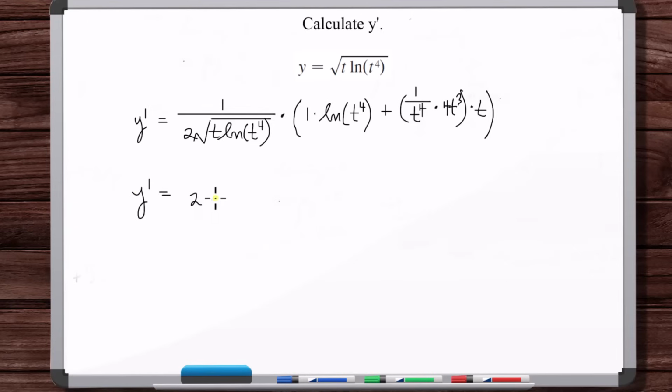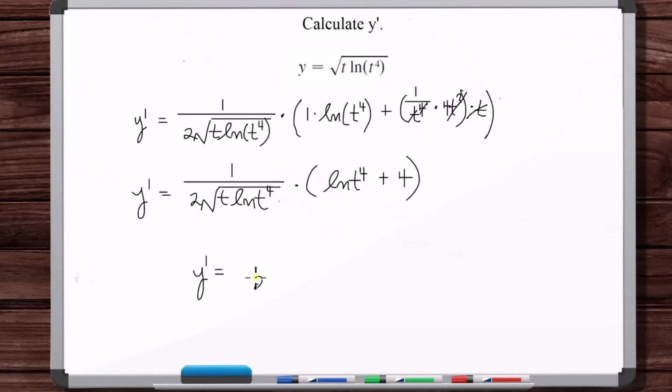So we've got, so, and that's the derivative.